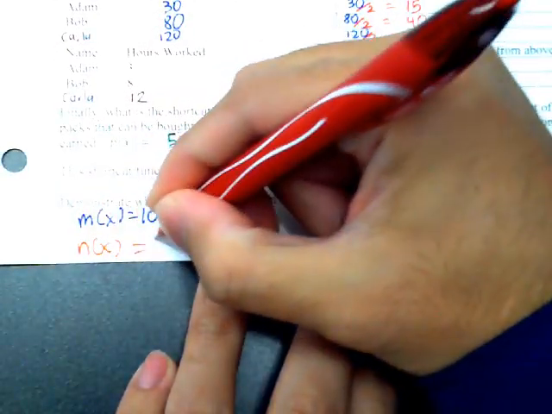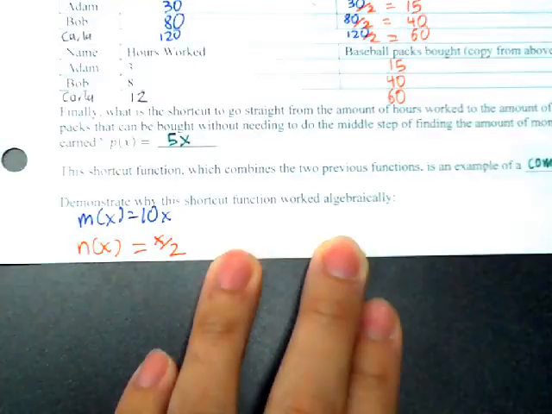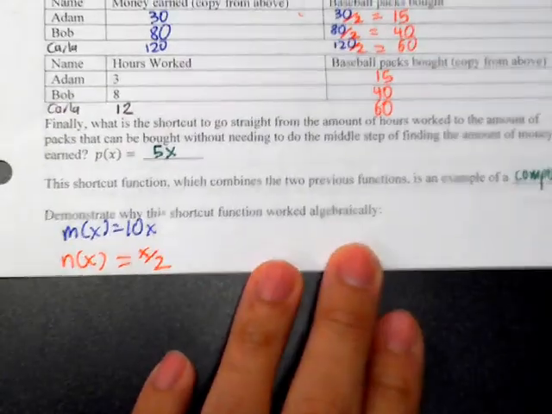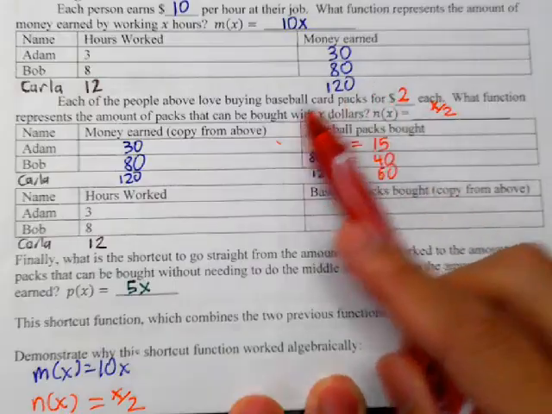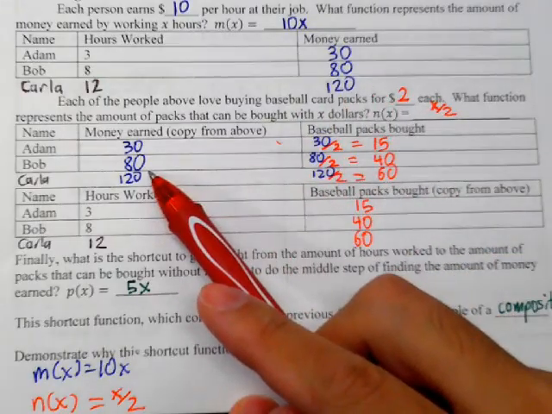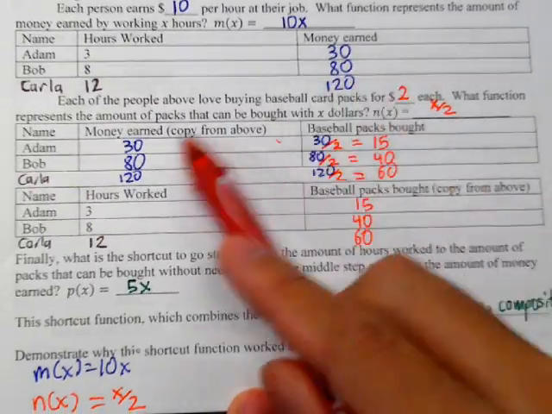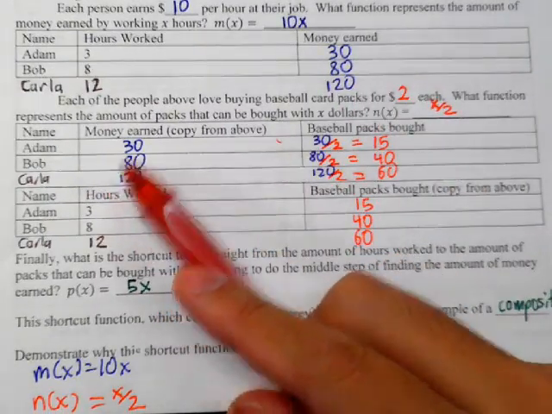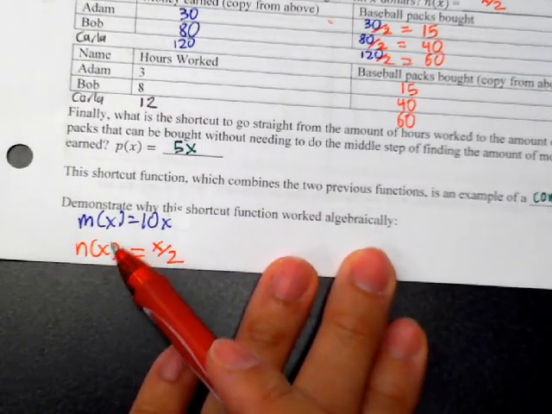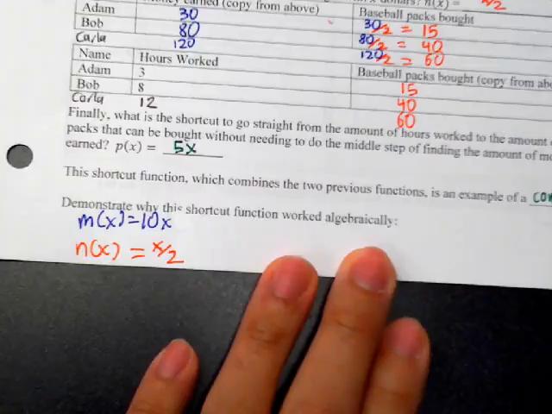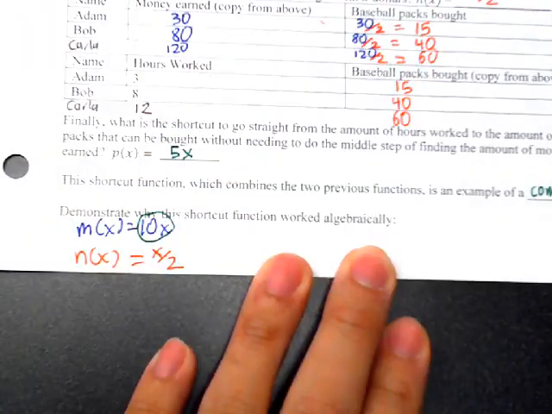But the way the situation worked was we took the answer to the first function and we used it as the input for the second function, right? So we took this output and made it the new function's input. So for the second function, we wouldn't use x anymore. We would take the first function's output and use that as the second function's input.